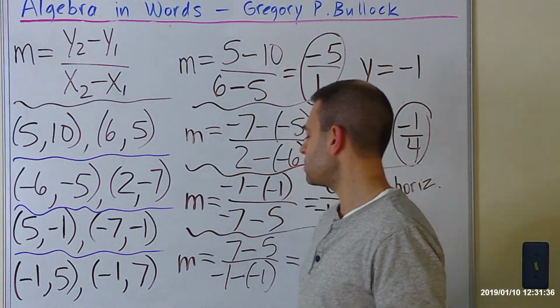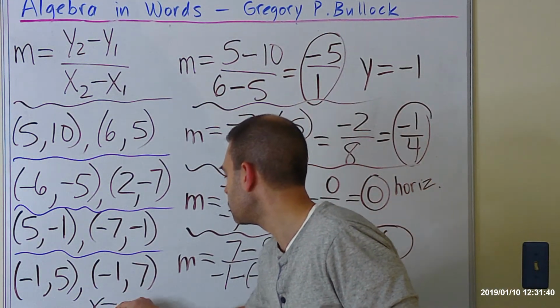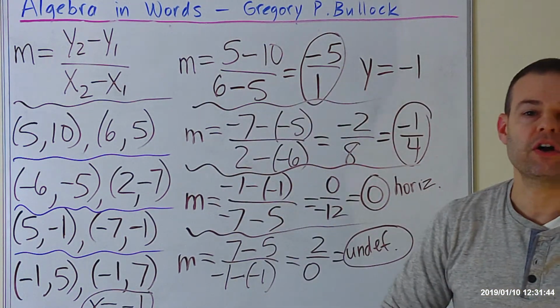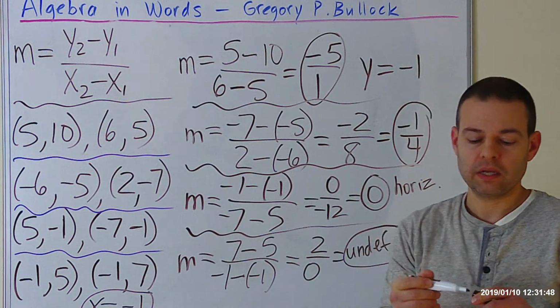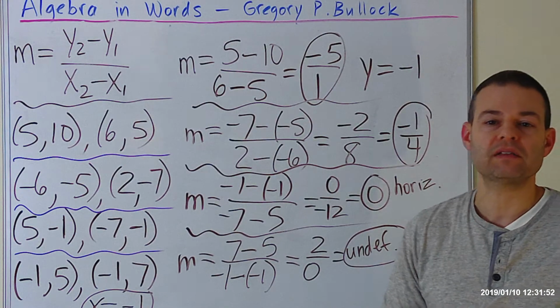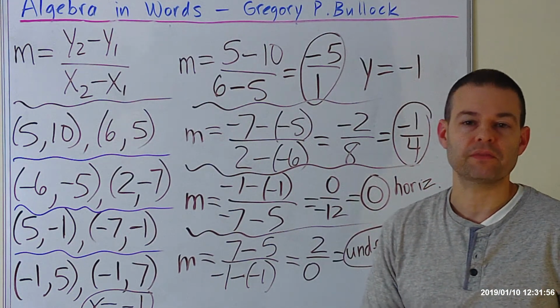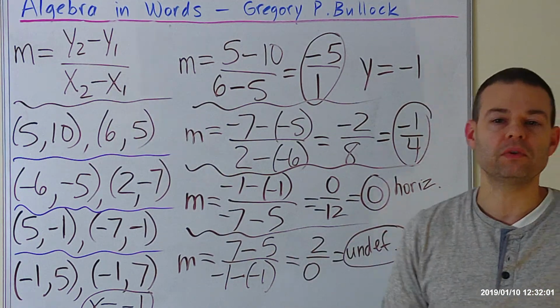Yes, we could say x equals -1. I don't know if that gets cut off on the bottom of the screen, but it's just x equals -1. And that's for a vertical line, which we say has an undefined slope. If you were asked a question like that, you would just write undefined. If you were to calculate it on your calculator, a number divided by 0 will give you error.